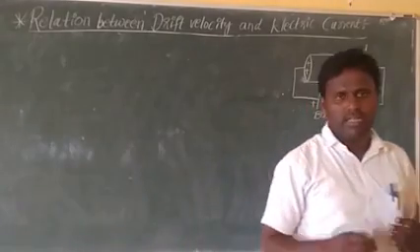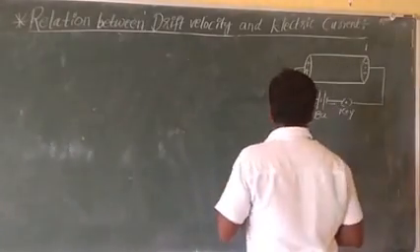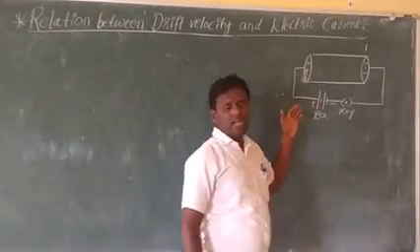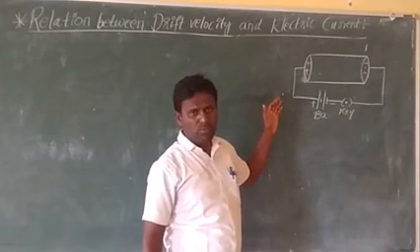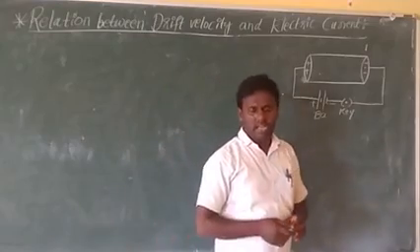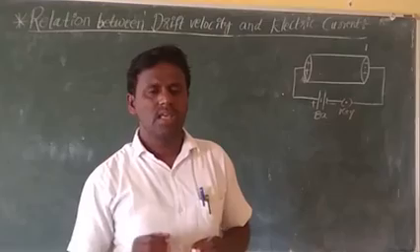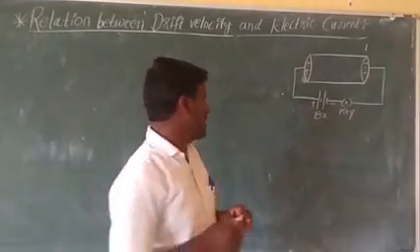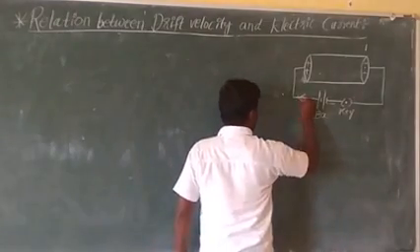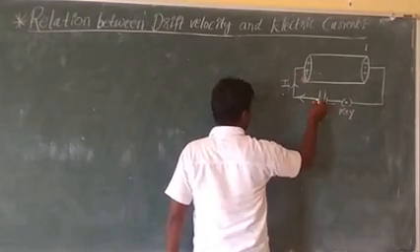And we know that the direction of electric current is taken along the direction of positive charges in a conductor. What is the direction of electric current in a wire? It is always taken along the direction of flow of positive charges.